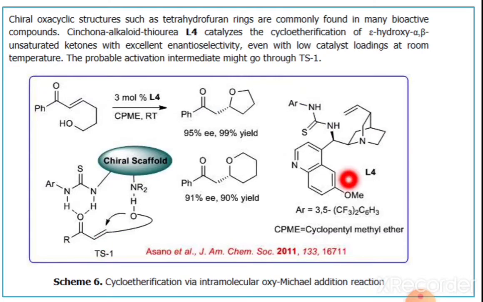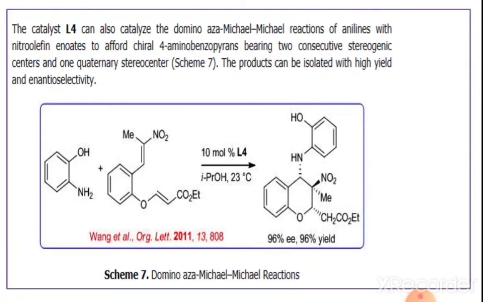Now, the catalyst L4, this one, can also catalyze the domino asymmetric Michael reaction of aniline and the nitroolefin enolates to afford the chiral 4-amino benzopyran.